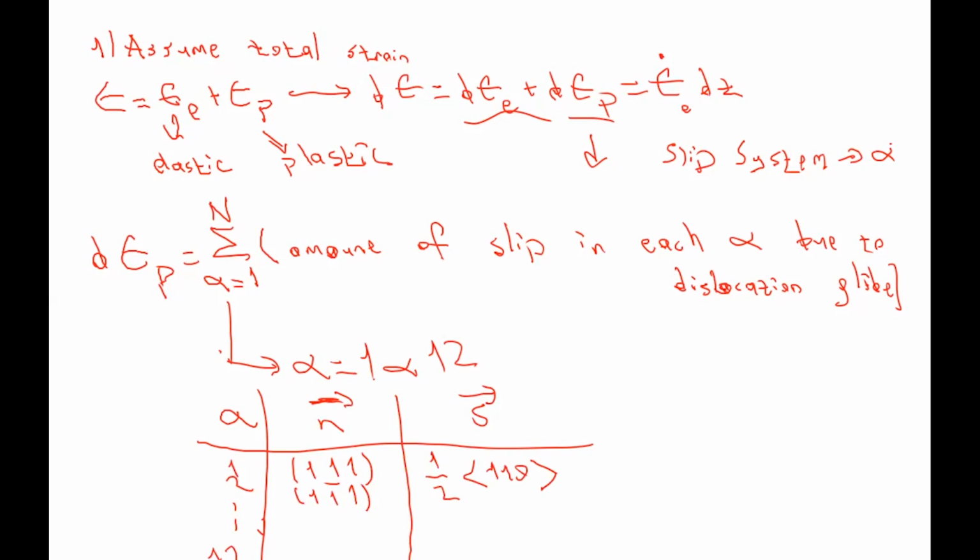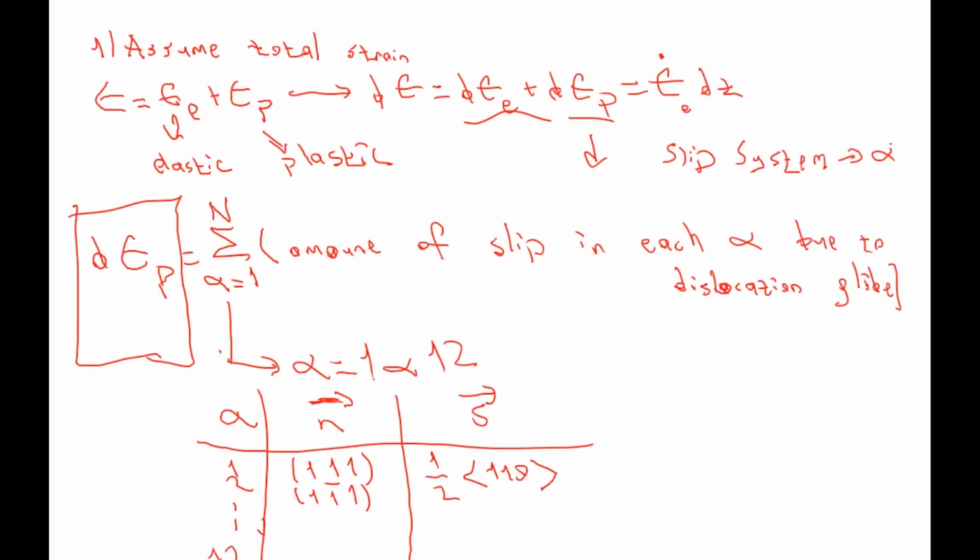Then we have the definition of plastic strain. And if you remember the Orowan equation, we can calculate the shear rate by the Orowan equation. Without going into the Orowan equation, maybe we can go one step forward and define what this is in terms of a formula.